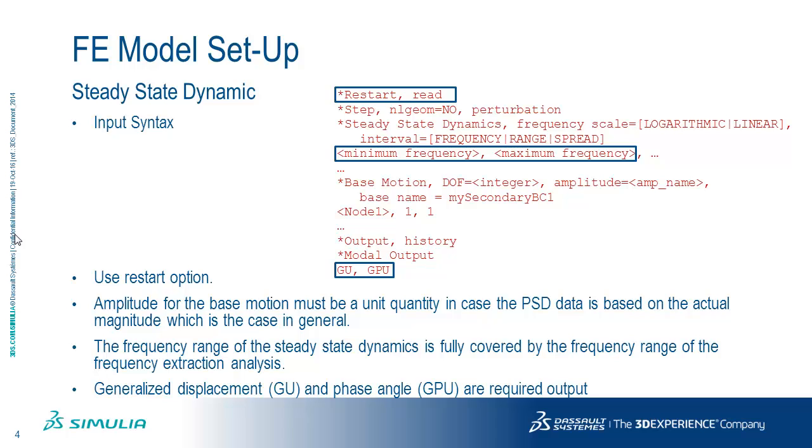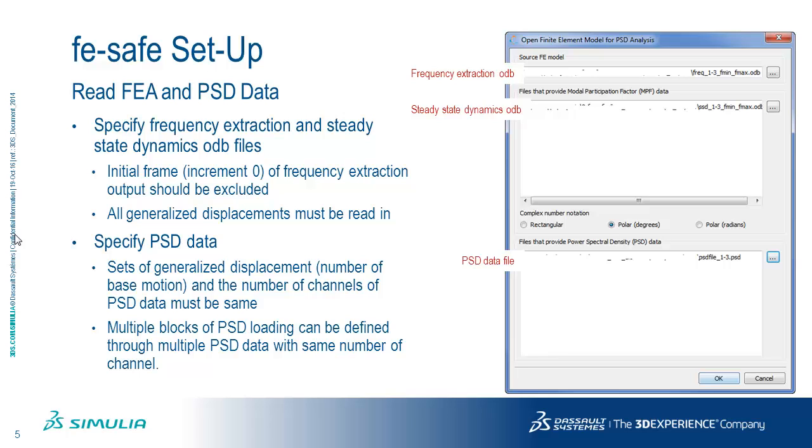Then, as Giovanni said, by combining those modal stresses multiplied by the corresponding generalized displacement, you can get the stress history of the structure in the frequency domain. Okay? Then in FE-safe, you can read in those two ODB files.